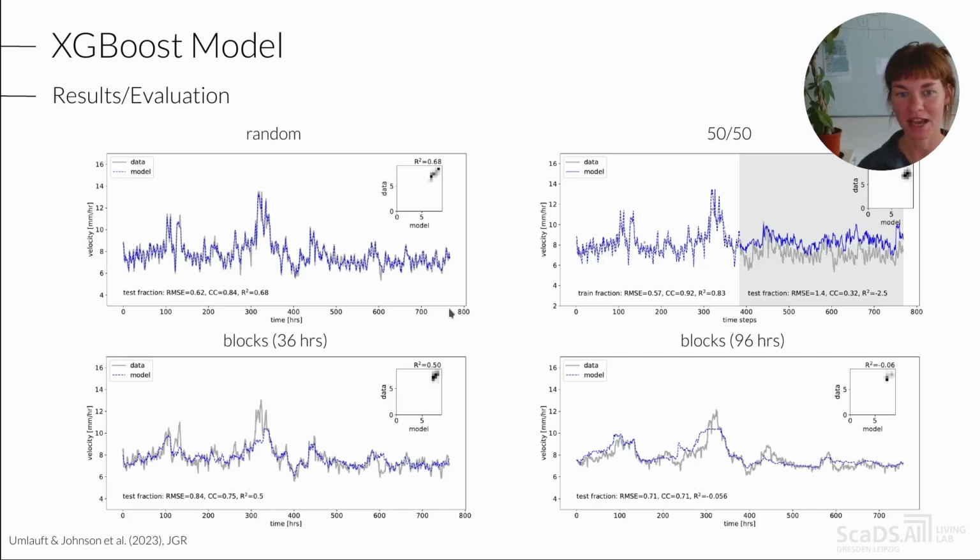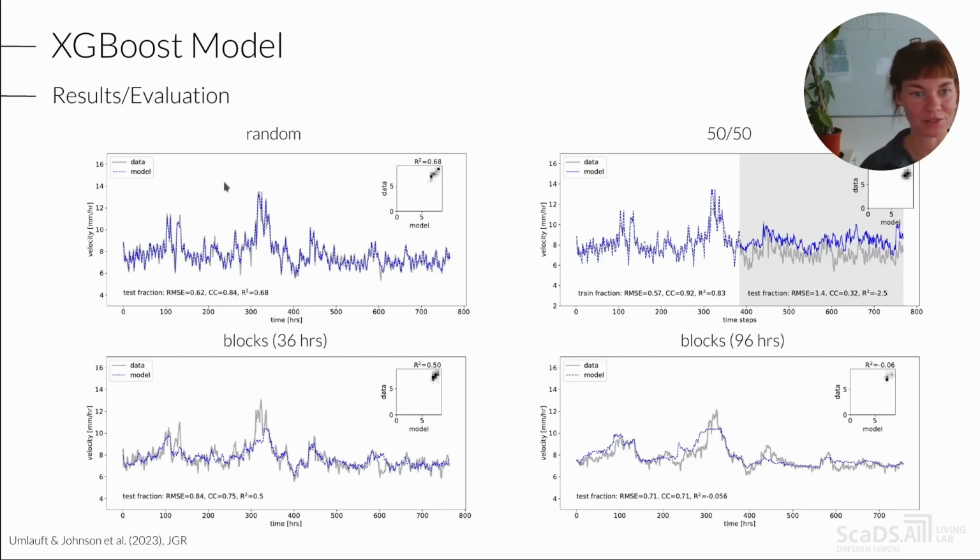And here you have the time, which is approximately 800 hours during this 1 month in 2018. And if we apply a random split here, you can see that data and model match nicely. We have a correlation coefficient of more than 80%.